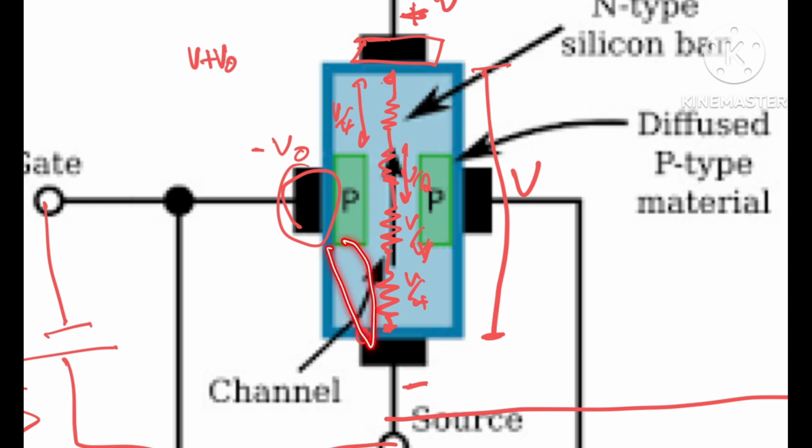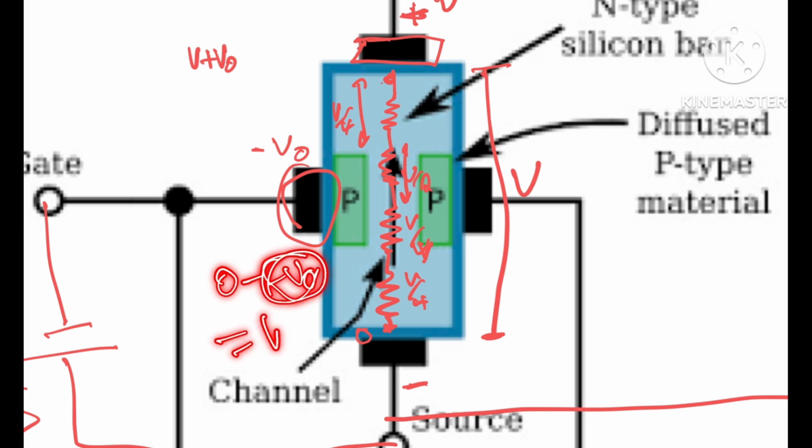It's going to be V0. V0 for this and 0 for this, so 0 minus V0 is equal to V0. So the potential difference is going to be V0, which means as the potential difference is lower in this part compared to this part, the depletion layer will also be smaller in this part compared to this part.